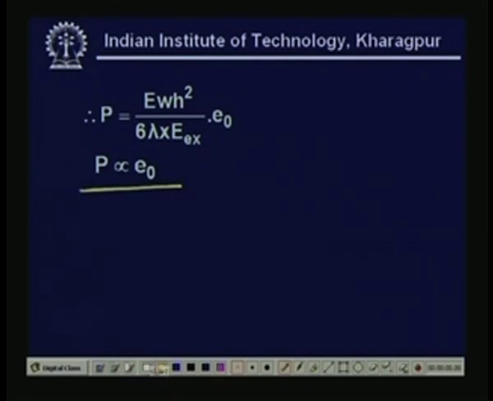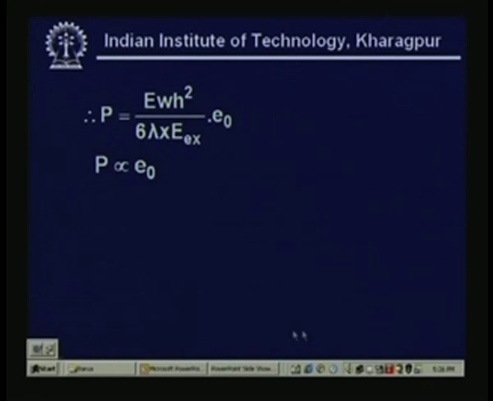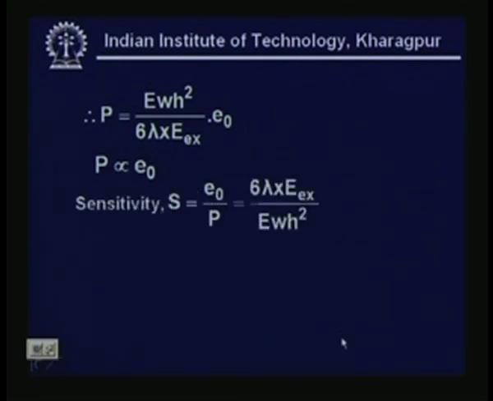Again let us find the sensitivity. The sensitivity of the cantilever beam type load cell and Wheatstone bridge combination will be E naught by P equals 6 lambda x Ex by EWH squared. As before, if we reduce E, W and H, our sensitivity will increase.